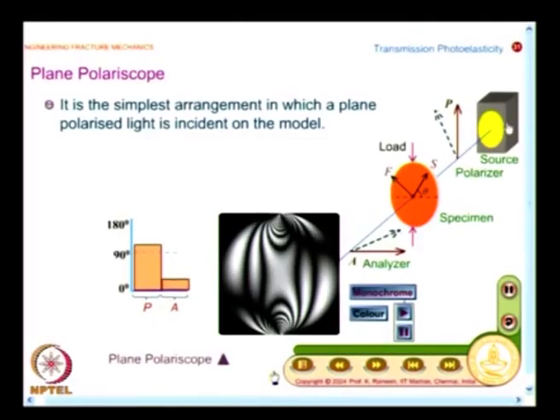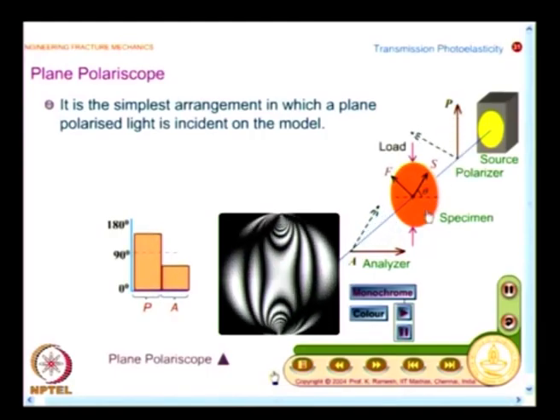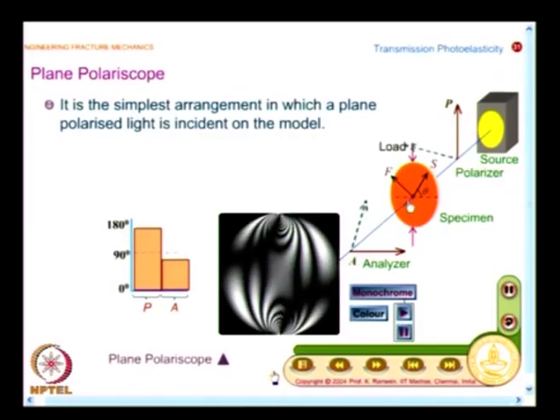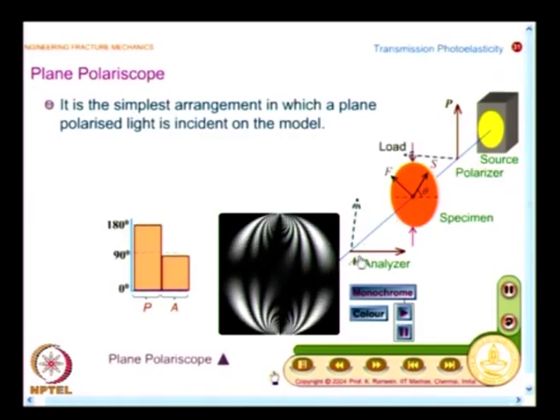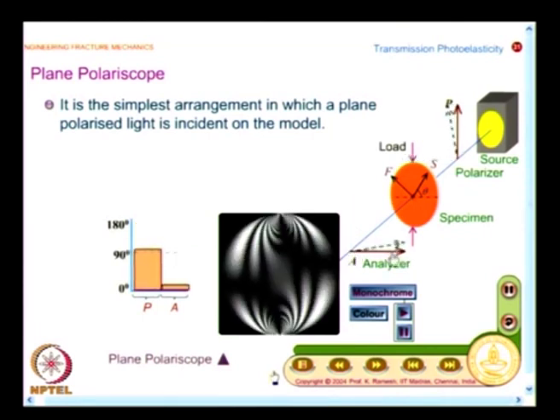Now, the next aspect was that we need to find the fringe order and we need to have an optical arrangement. We started with a plane polariscope. In a plane polariscope, we had a light source, then a plane polarizer, then a loaded model, and you analyze whatever light comes out of the model by an element similar to the polarizer, but with a different axis.